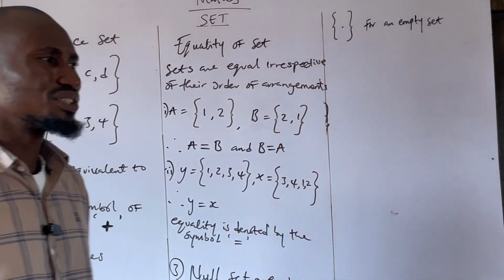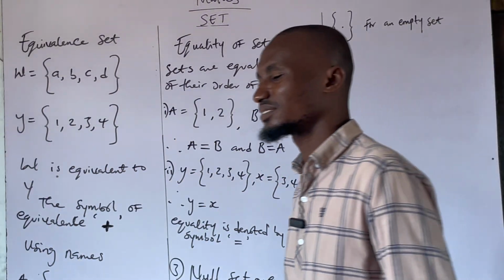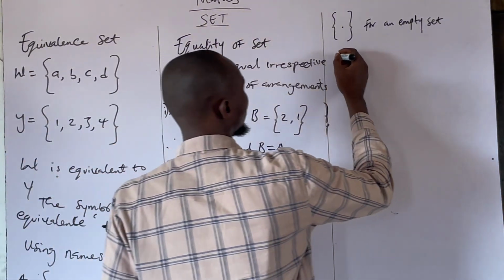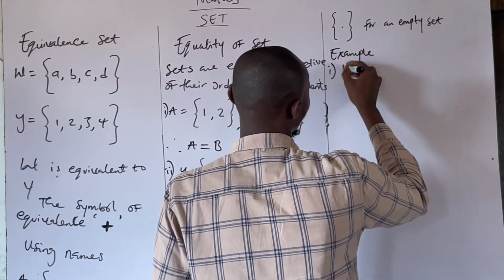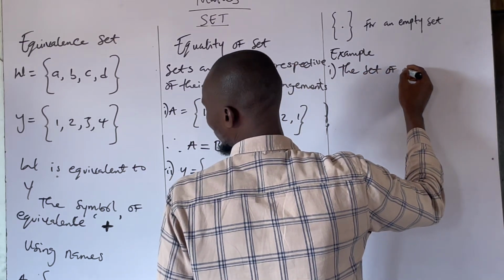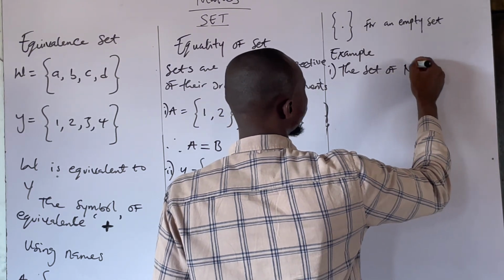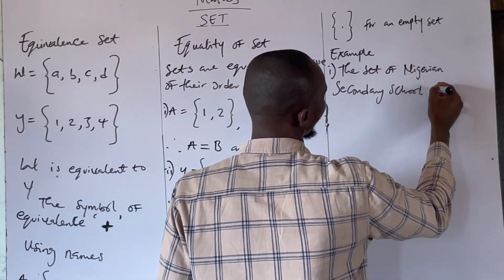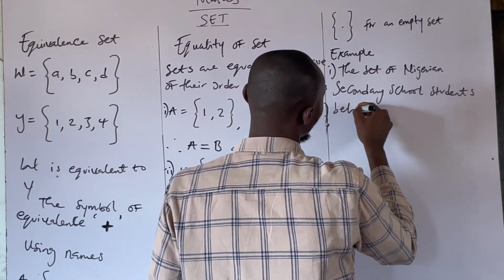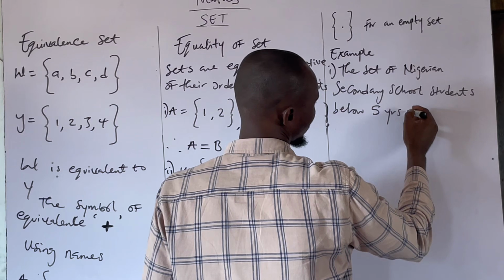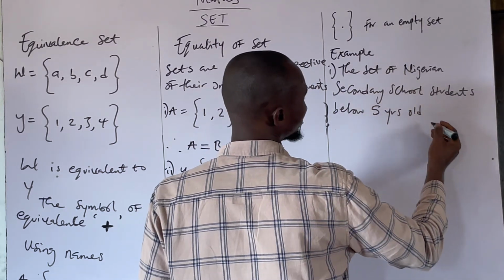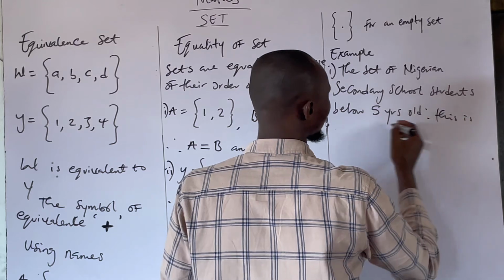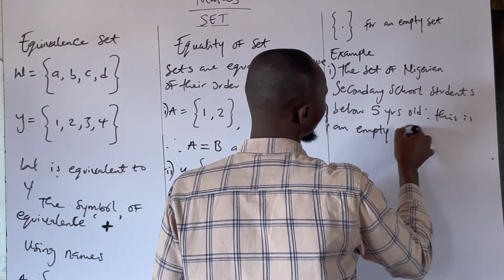The set of Nigerian secondary school students below 5 years old. Is it an empty set? This is an empty set.